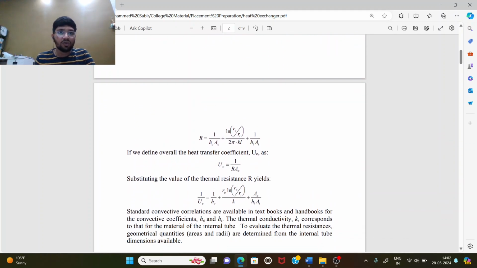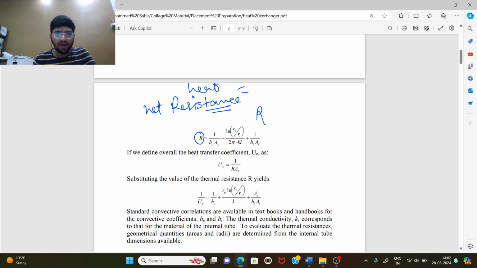And now the question is, how to find the net heat transfer coefficient. This is the expression of the net heat transfer. First we find the net heat resistance. What is R?